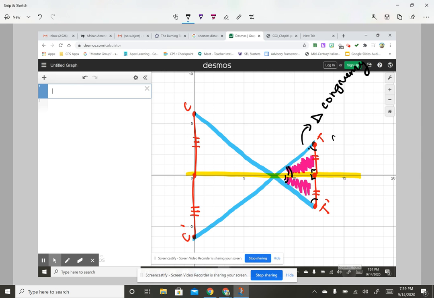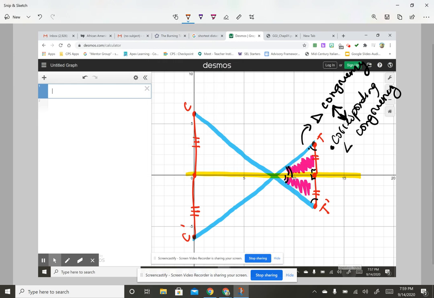Corresponding angle congruency is what you could use here. And that's what tells us that these triangles are congruent, therefore it tells you the other. All right, so in that case, now let's go ahead to vertical angles.